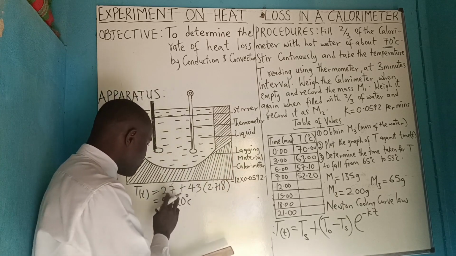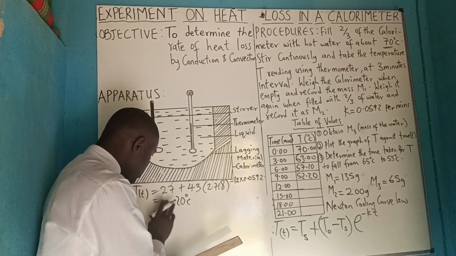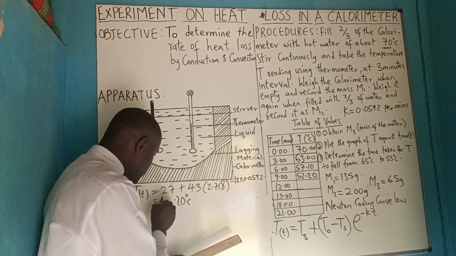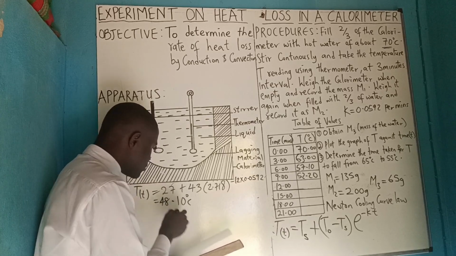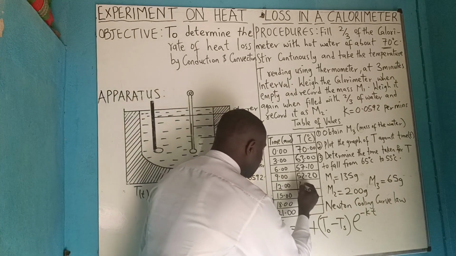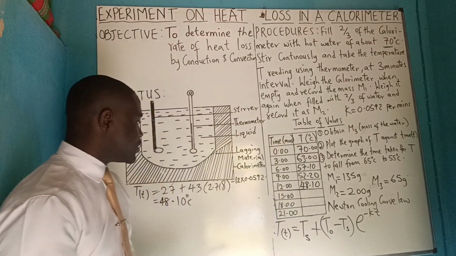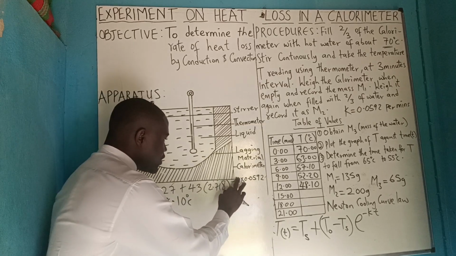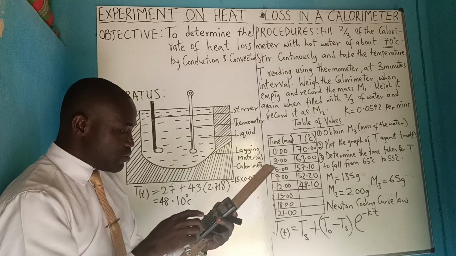That will be giving you 48.1 degrees. You write 48.10 degrees. You do that one for the one of 15. You change here to be what? 15. You change it to be 15.